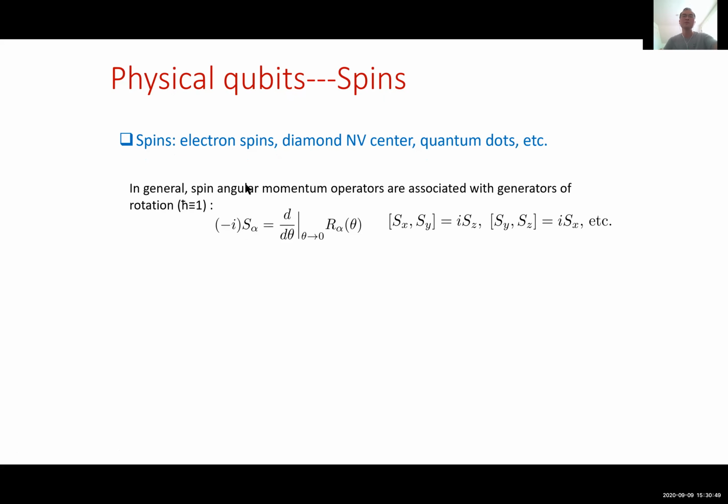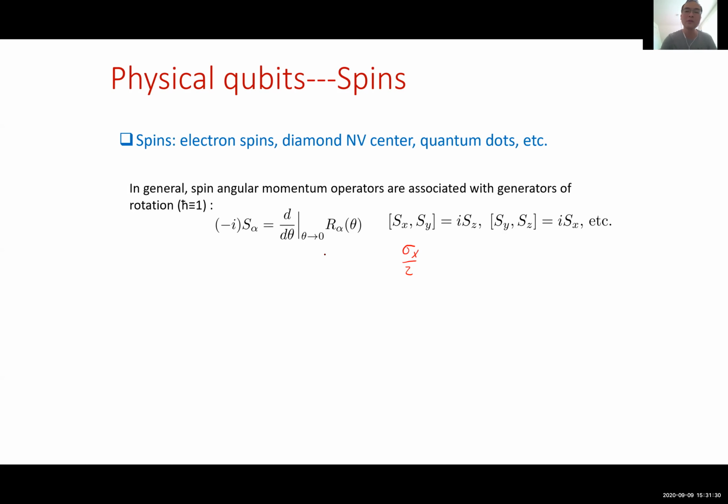But I want to give you the math that we already introduced earlier. You remember Pauli matrices, right? They are a special case of the spin angular momentum operator, and they are defined mathematically as generators of rotation. And they have these commutation relations.